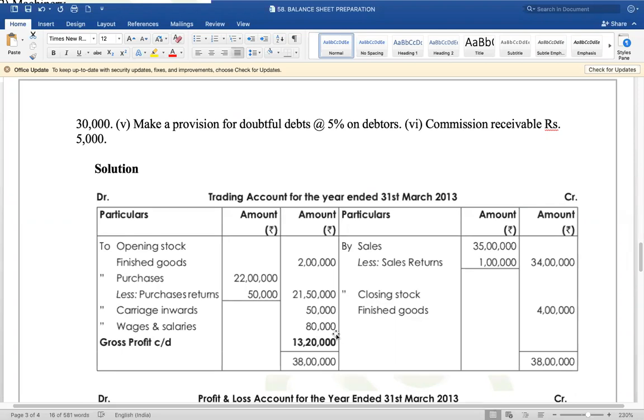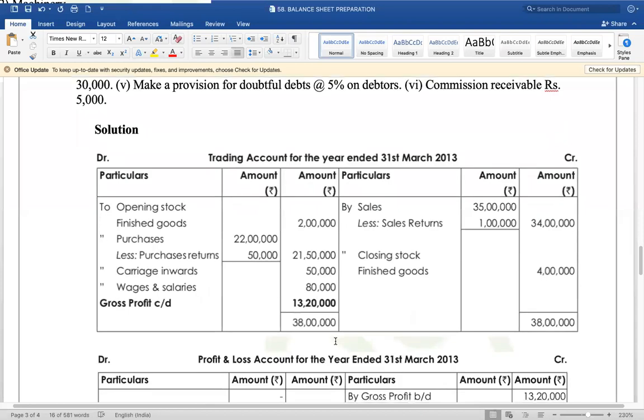Now what is this? The difference is a balancing figure, therefore we are writing it as carried down. What is this carried down amount? This is the gross margin or gross profit. And this balancing figure is brought here.